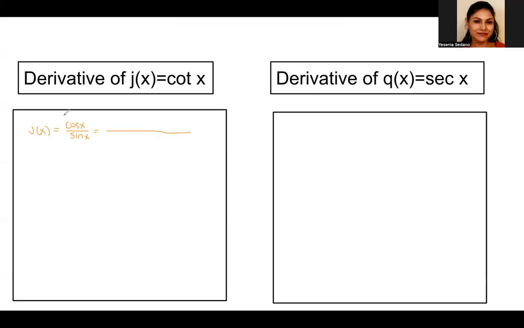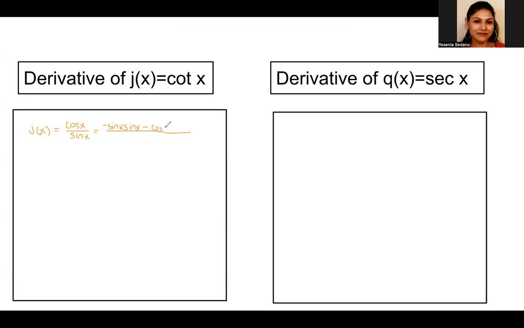Quotient rule. So basically, take the derivative of the top function. We know that's negative sine. Keep the bottom function the same, which is just sine. These are multiplied. Subtract. Keep the top function the same.